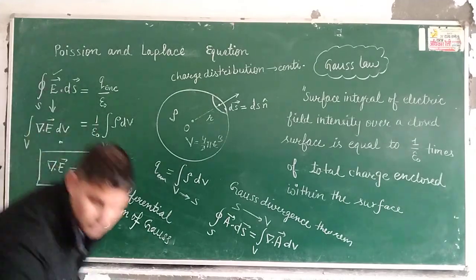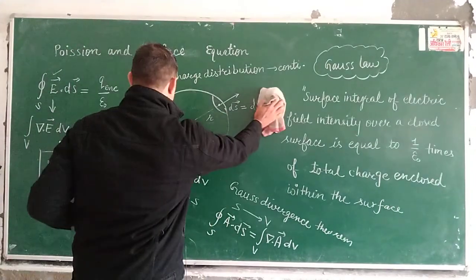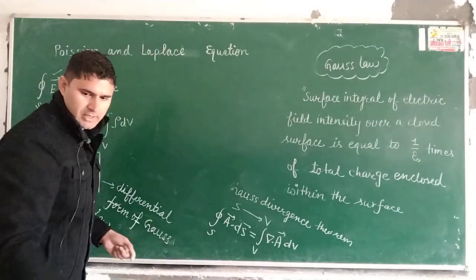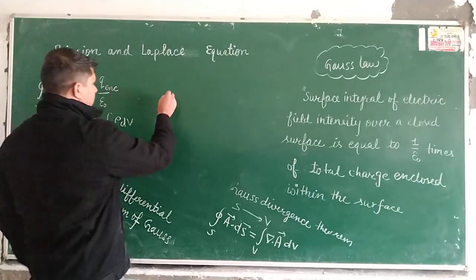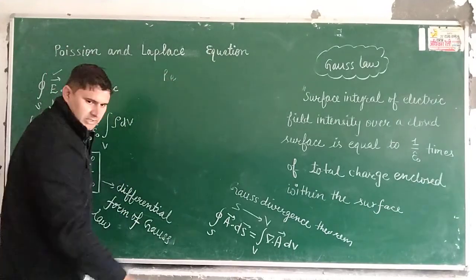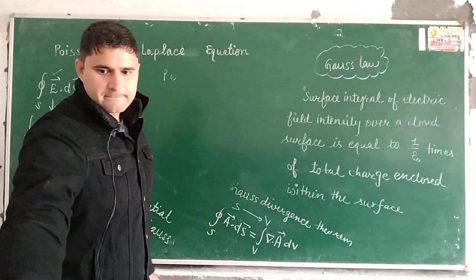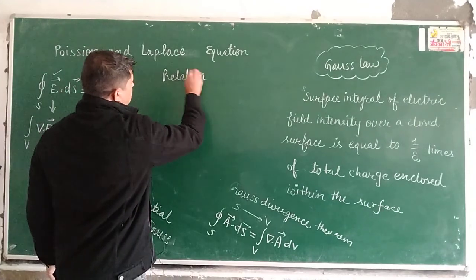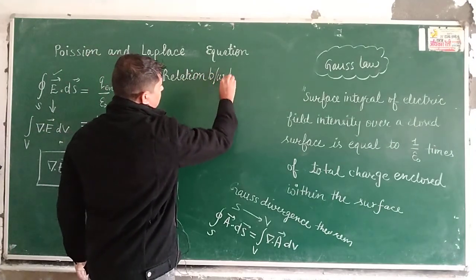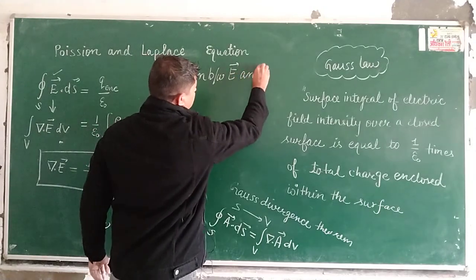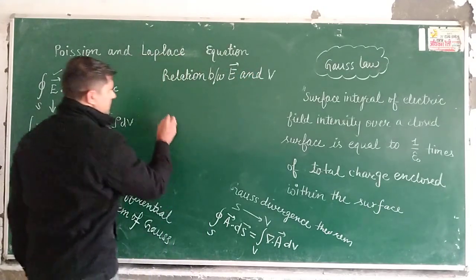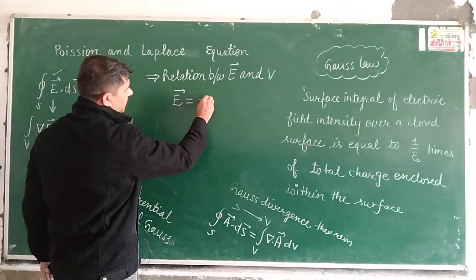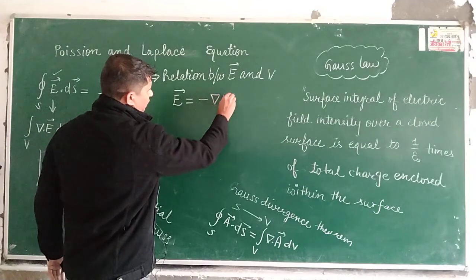Okay, so now we are to obtain the Poisson equation. Now we will make use of another relation, that is the relation between electric field intensity and the potential. We know that the relation between electric field and potential V is that the electric field is given by the negative of the gradient of potential.